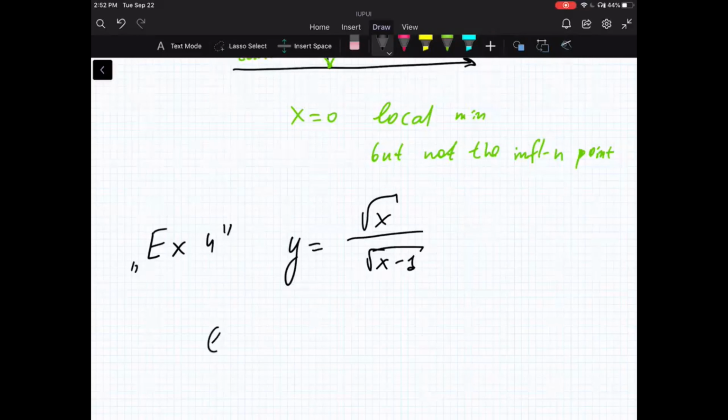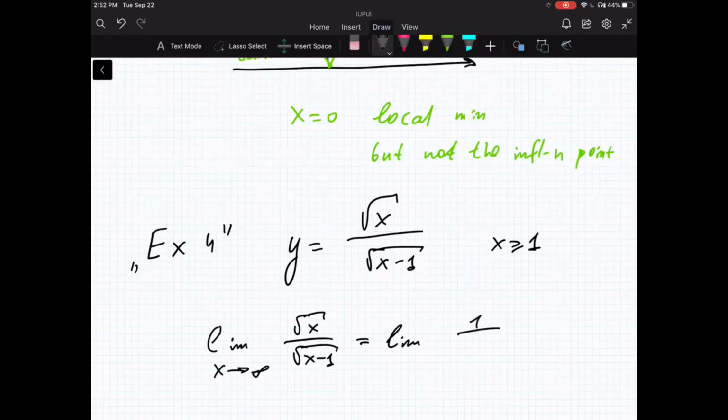If you calculate the limit, first of all, this function is defined for x greater than or equal to 1, so you have the limit when x goes to infinity. How to find the limit of such an expression? Again, you can play with the function, divide both numerator and denominator by the square root of x, and you'll get something like this. And so 1 over x goes to 0, and the limit is 1.